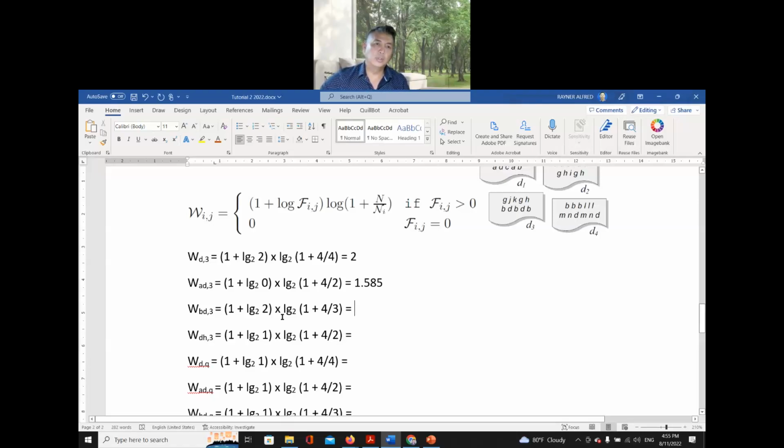So this one is 2 times, what is this? So this one is log base 2, 2.1. What is the value for this?